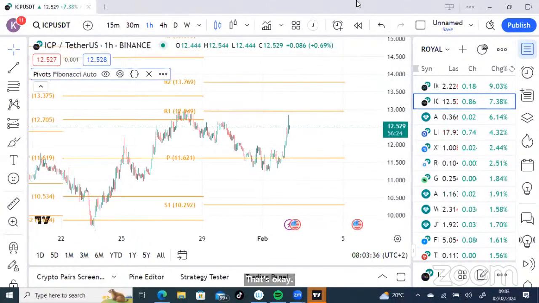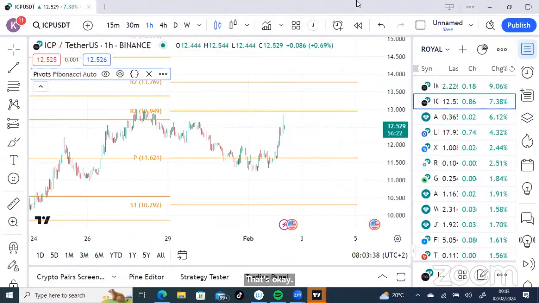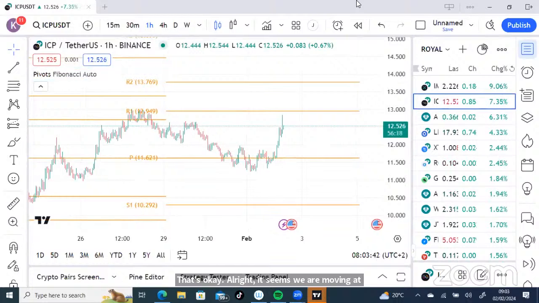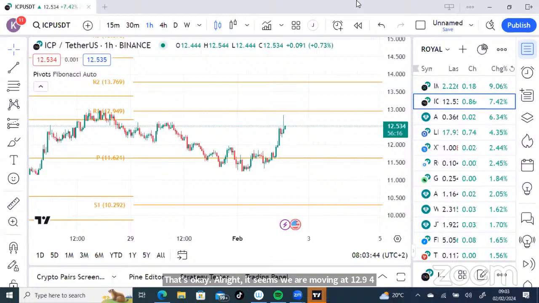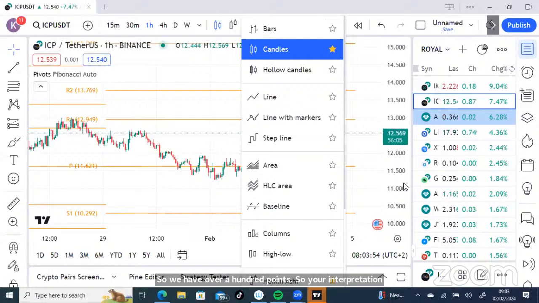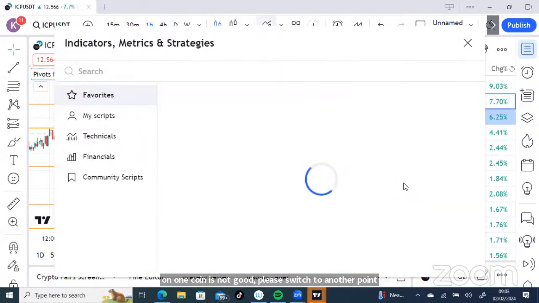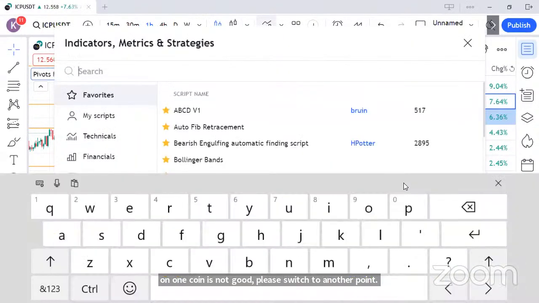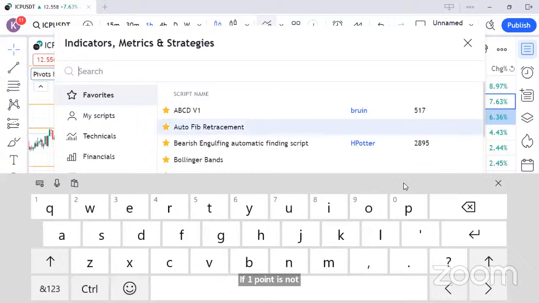All right, it seems we are moving at 12.94 in a few hours from now. So we have over 100 coins. If your interpretation on one coin is not good, please switch to another coin. If one coin is not giving you the results you are looking for, switch to another coin.